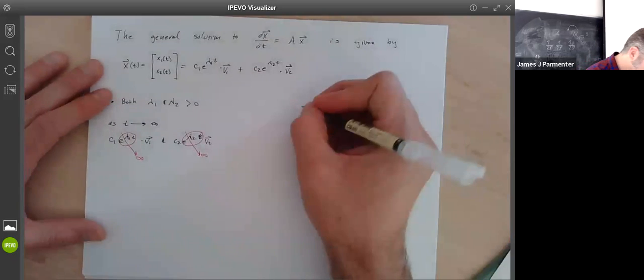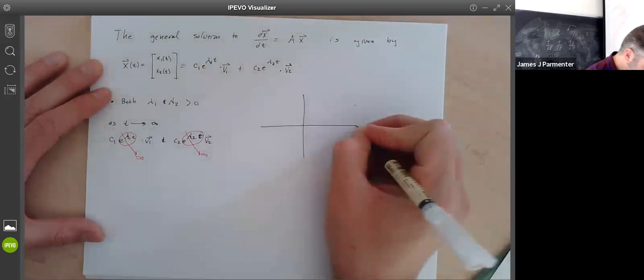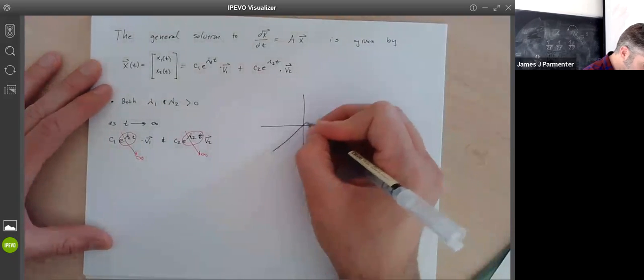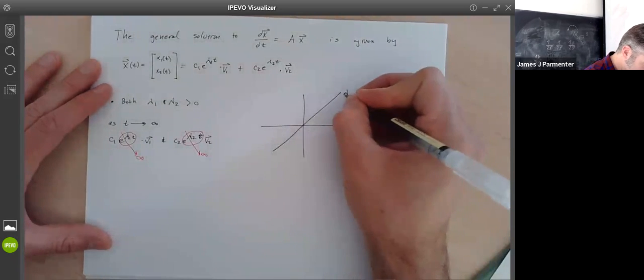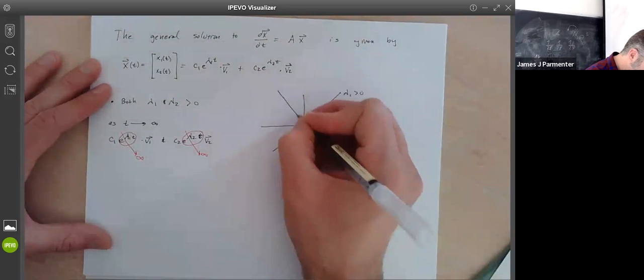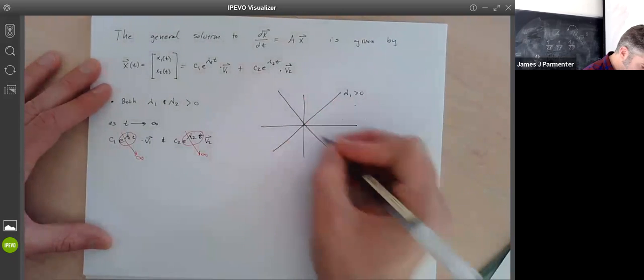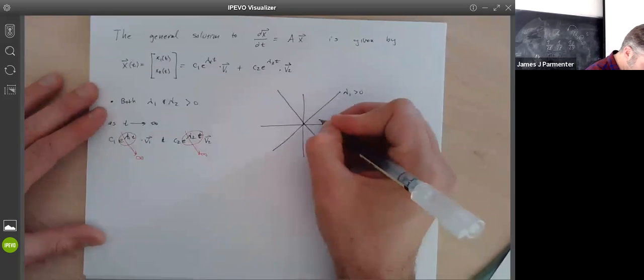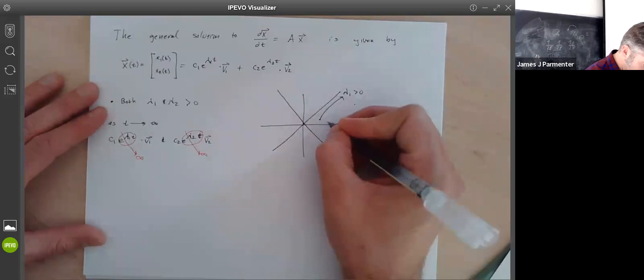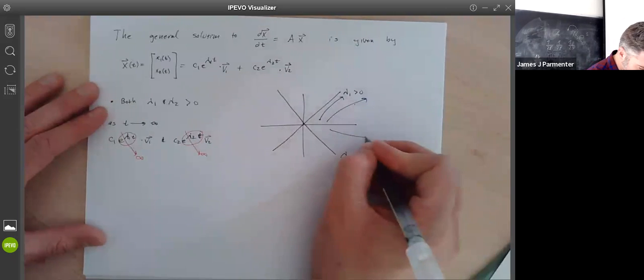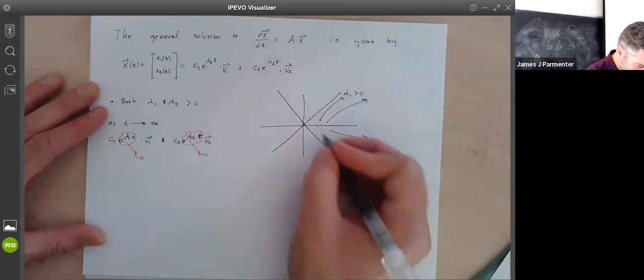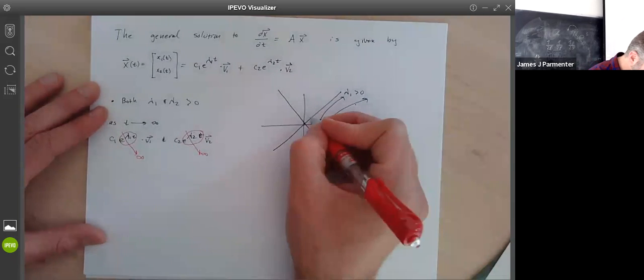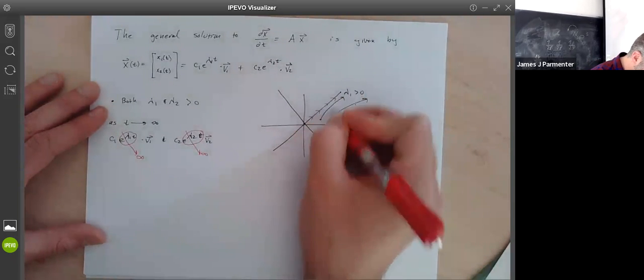Graphically, if you're trying to graph the phase plane, and this is your eigenline for lambda 1, and this is your eigenline for lambda 2, if you start somewhere like here, you're going to end up shooting outwards, or somewhere like here, you're going to shoot outwards, right? There's a bunch of shooting outwards because your eigenlines are both pointing outward.